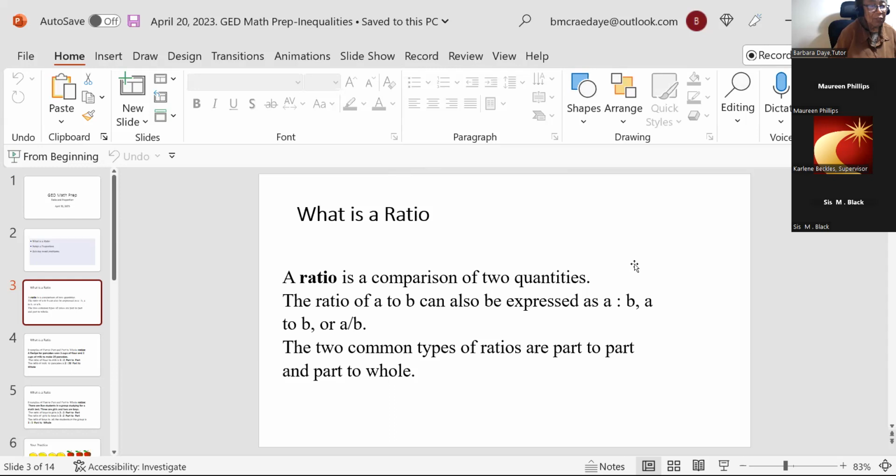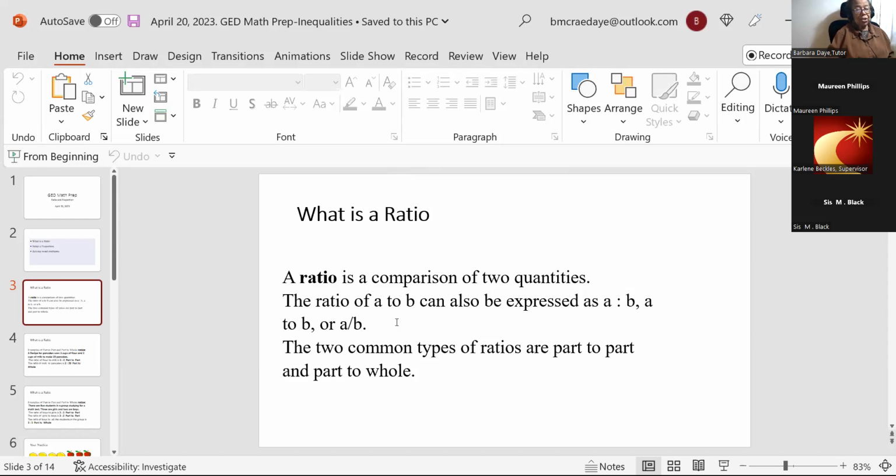So if it's 10 and 15, it would be 15/10, or 15:10, or you could say 15 to 10. So you could express it 3 different ways. You could use the colon between the two quantities. You could put the word to, T-O, A to B, or you could write it as a fraction, A/B. Okay. Got it?